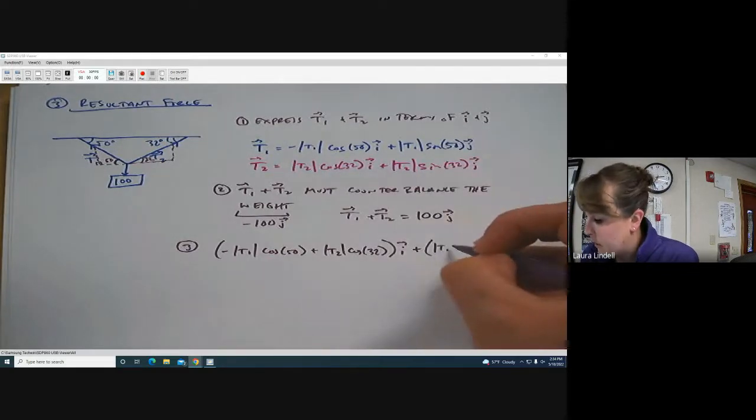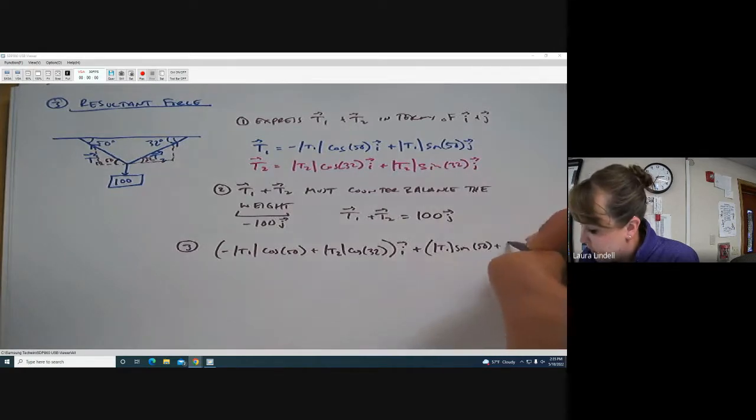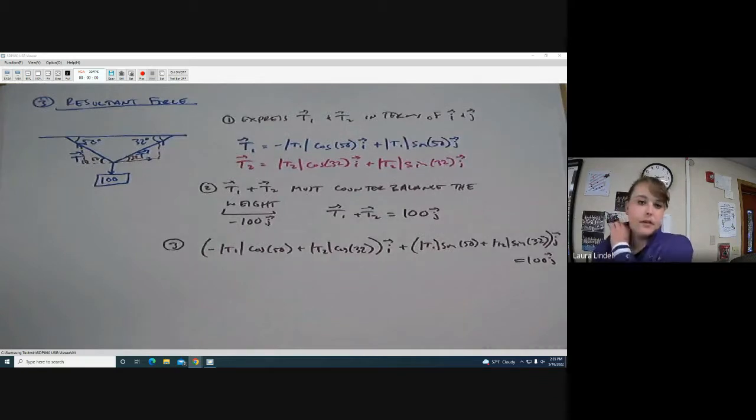So we get T1 sine of 50 plus T2 sine of 32 J, and that has to equal 100J.